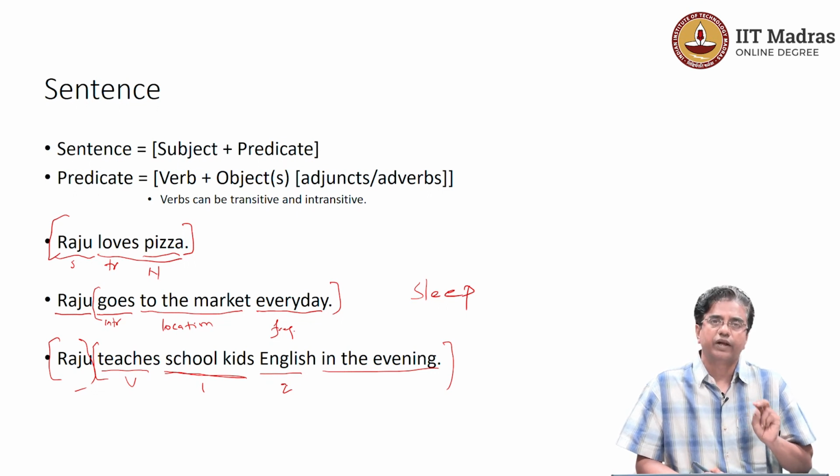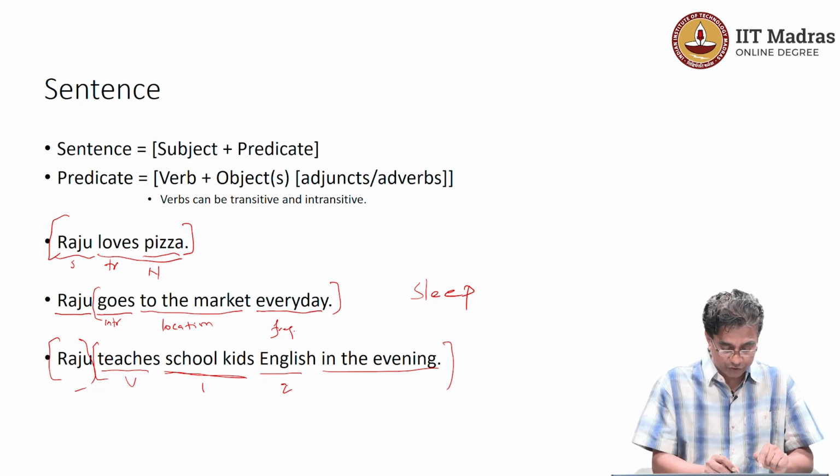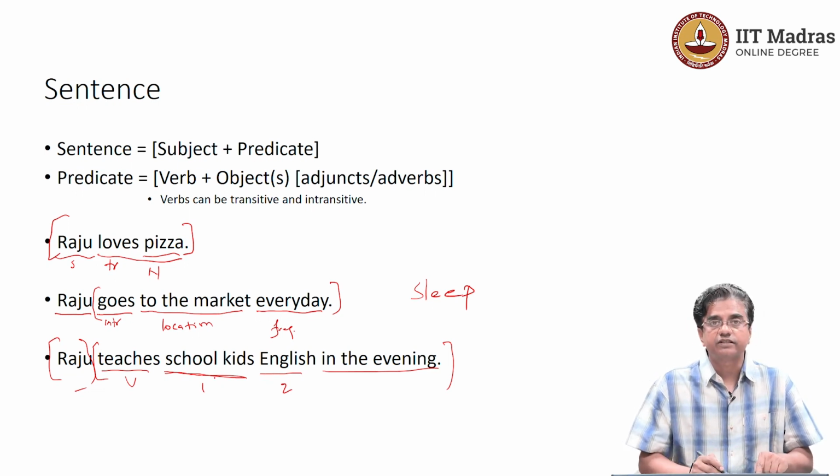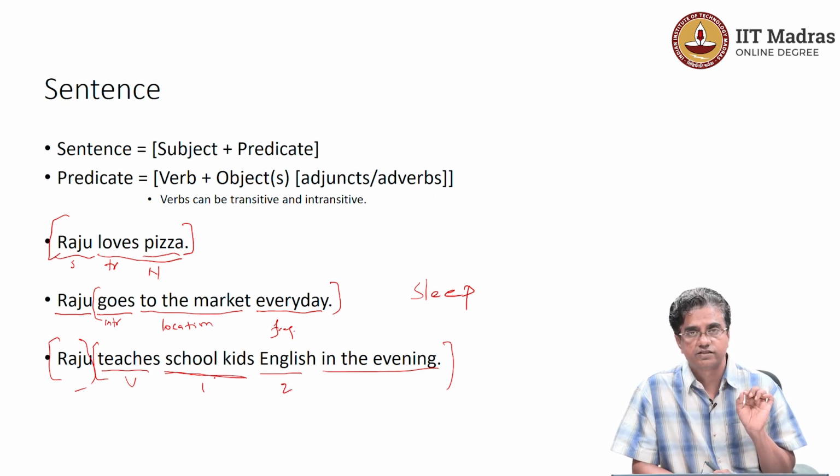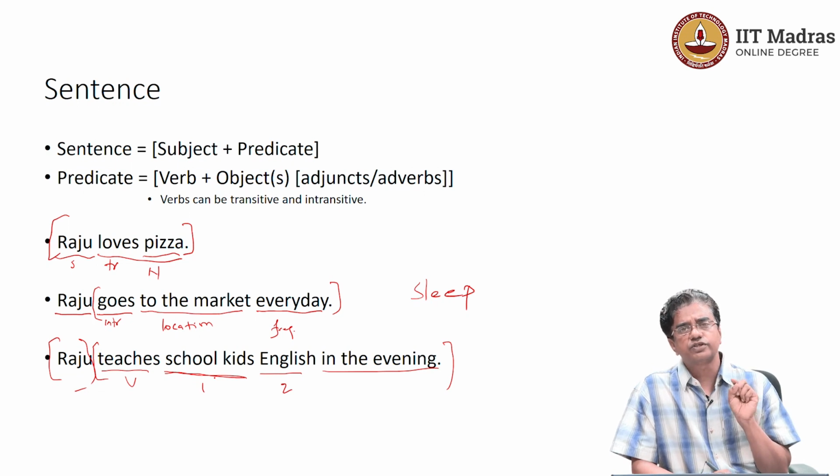Keep in mind, whenever you have a verb which requires two objects, one of them is going to be an indirect object. So here is an identifying marker of an object. Answer the question: what does he teach?